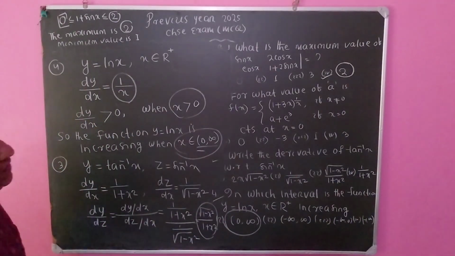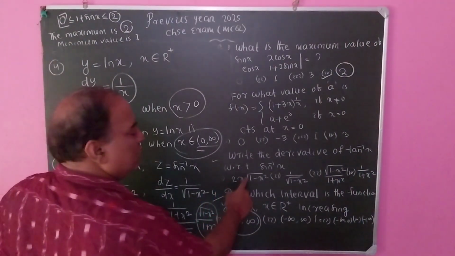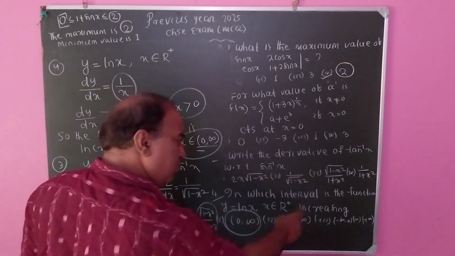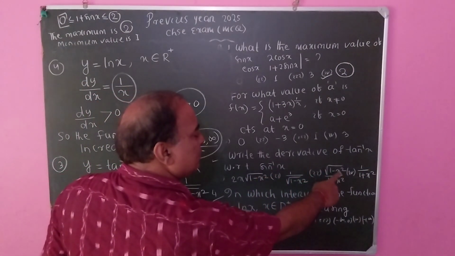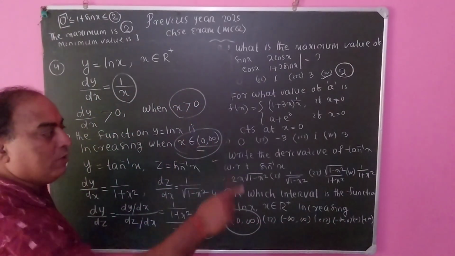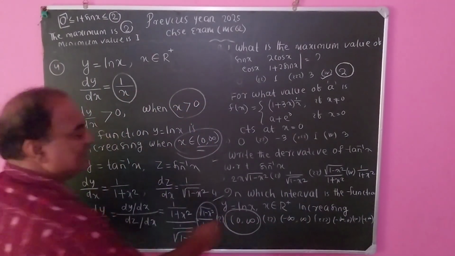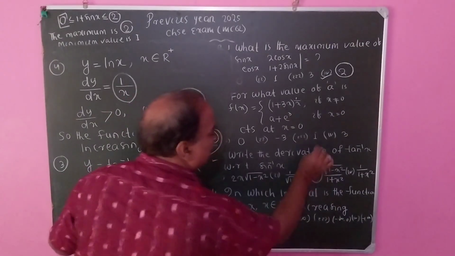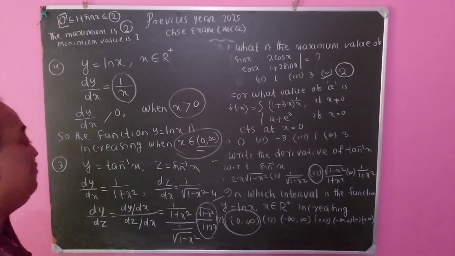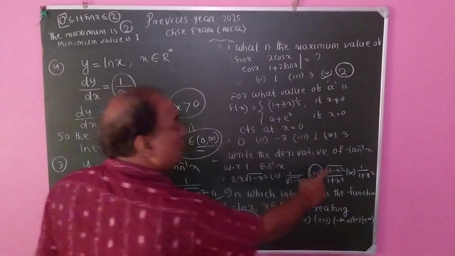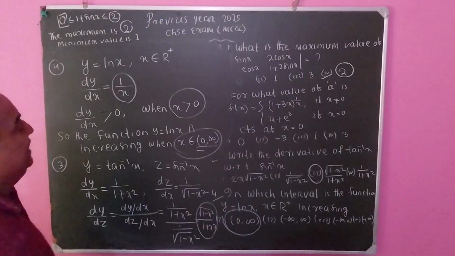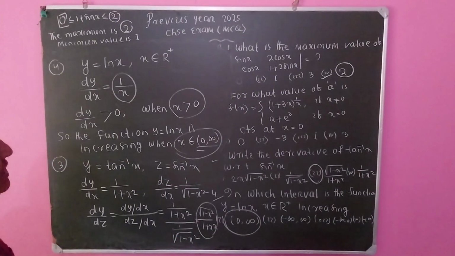Among our choices, the other option is 1 by 1 plus x square. So the correct answer is the third. So the derivative of tan inverse x with respect to sin inverse x is root over 1 minus x square divided by 1 plus x square. So this is the correct answer.